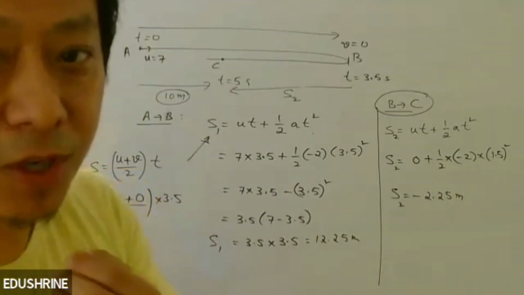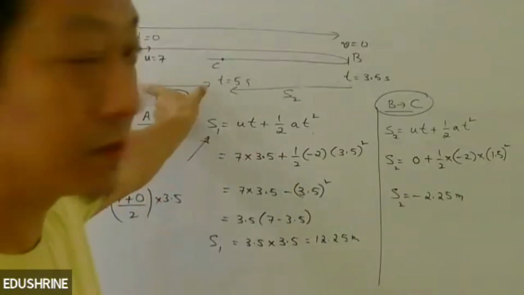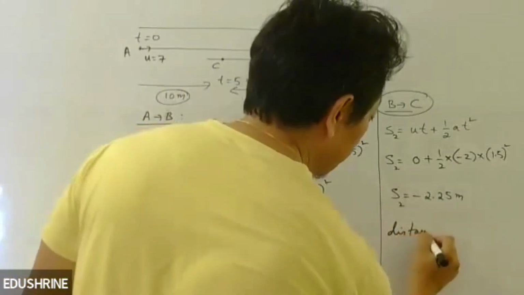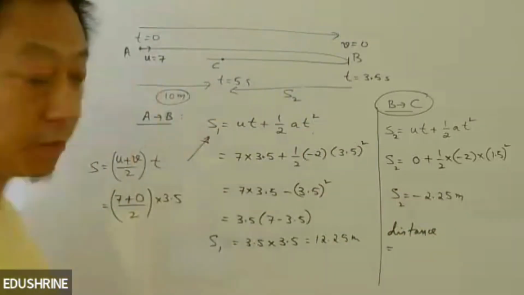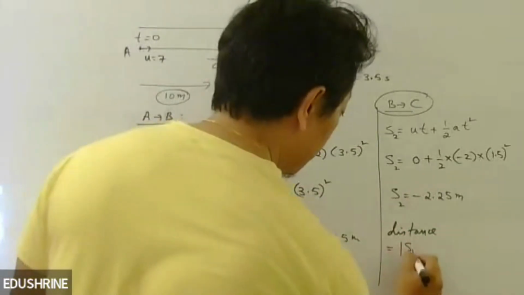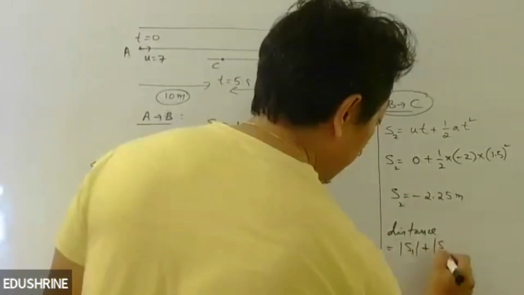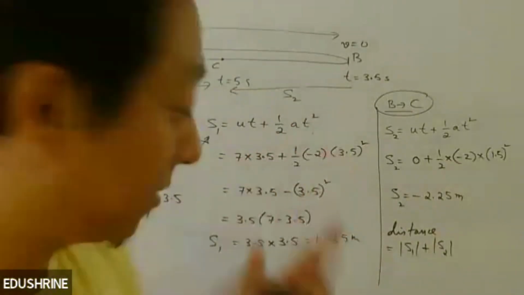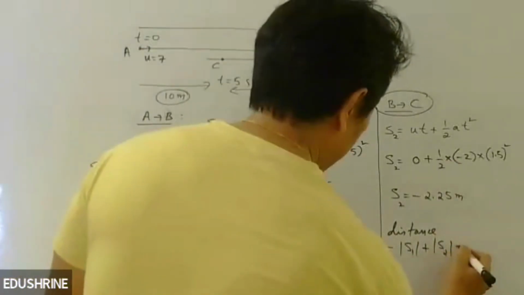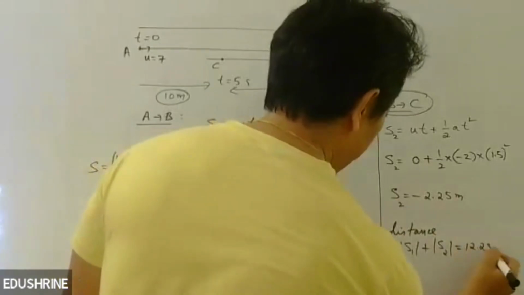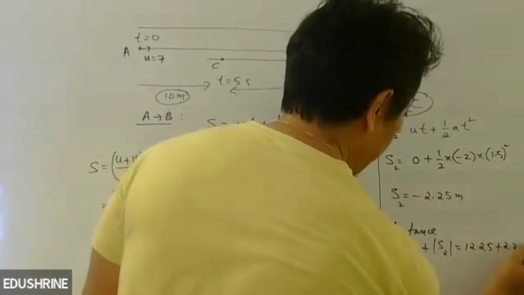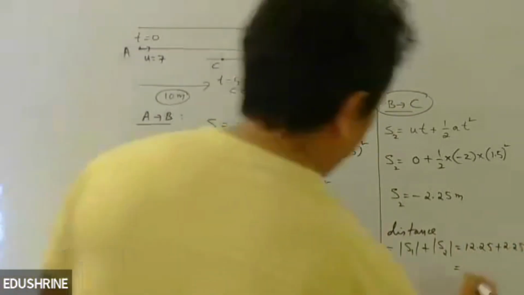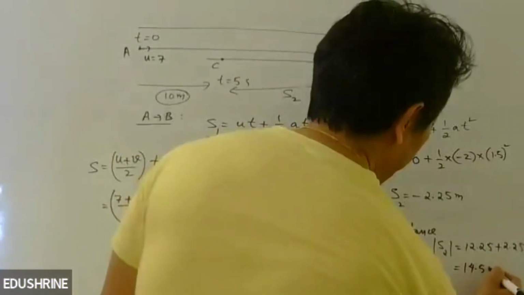So what you guys calculated before was this. Now what is distance covered if they ask? Mod of first displacement, mod of second displacement, because you have to add only the length. 12.25 plus 2.25, 14.5. Am I right?